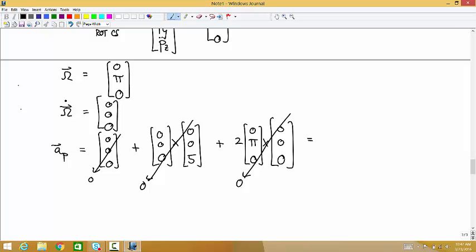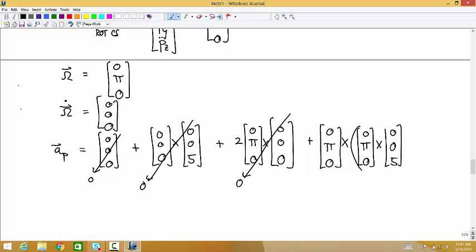And all we have left is, this should be plus, omega crossed with the quantity 0, pi, 0, crossed with the position vector 0, 0, 5. And so mathematically we come up with the same expression for different reasons. And we come up with 0, 0, negative 5 pi squared. That acceleration matches the last one.